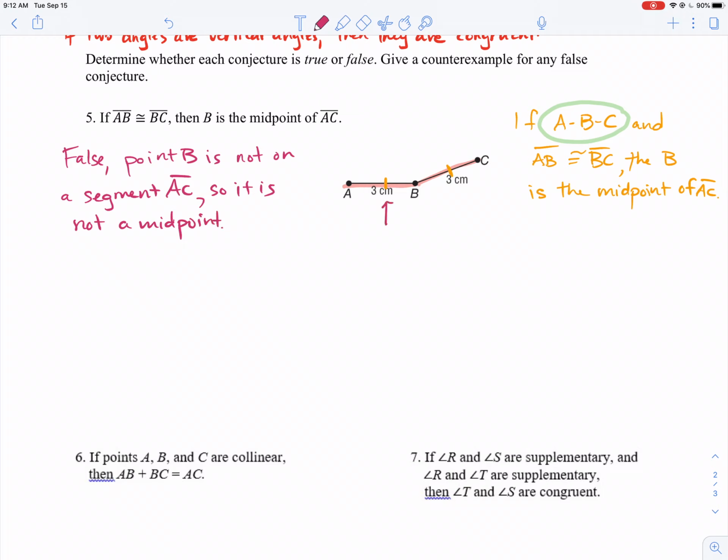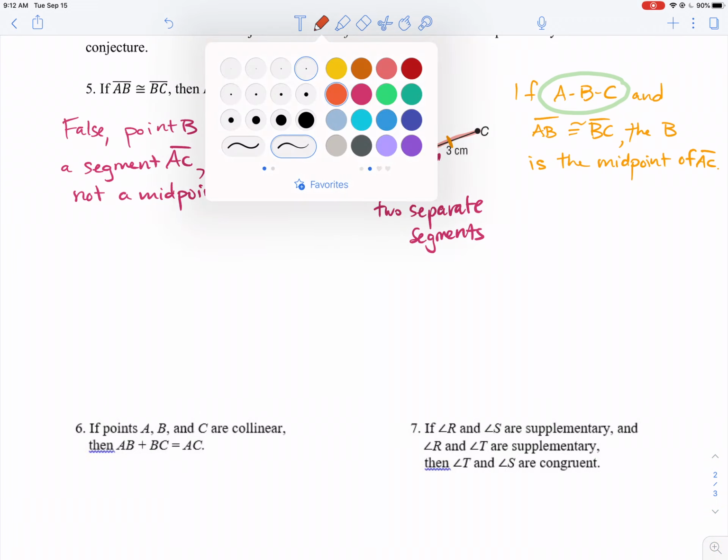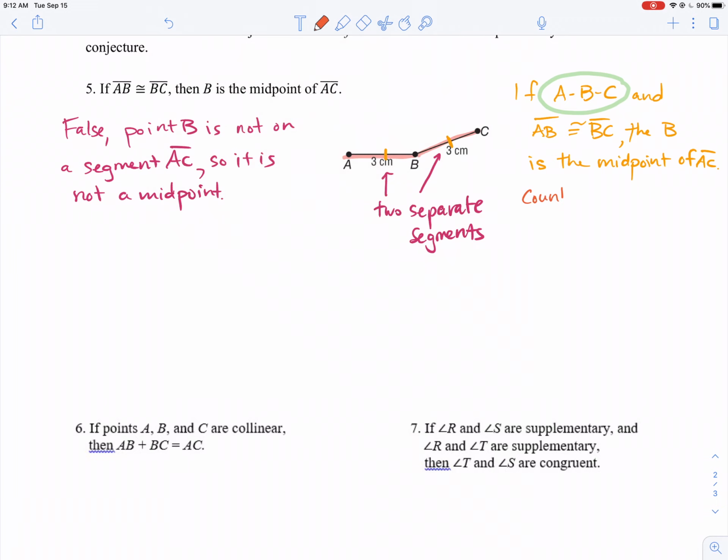These right here are 2 separate segments that share point B. So our counterexample for this is going to be using our definition. We'll write it under here, our counterexample.